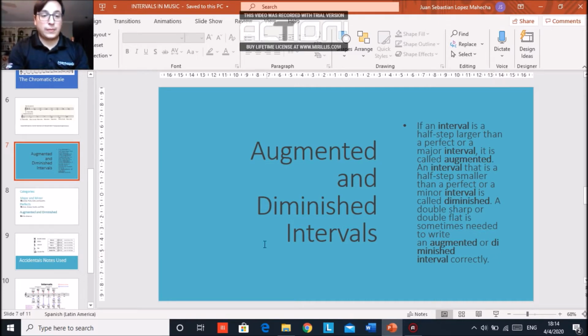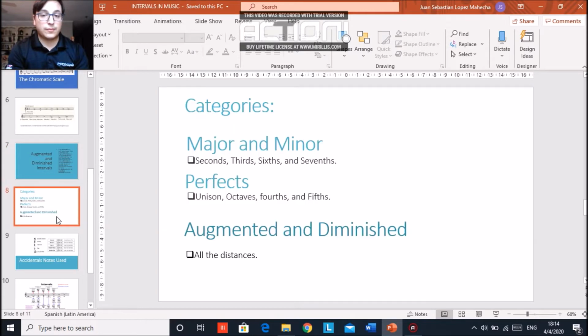Okay, let's continue. Now let's think one more time about the categories. In these categories, we are gonna include the augmented and the diminished. So we have major and minor. In this category, we can have seconds, thirds, sixths, and sevenths. No more than that.